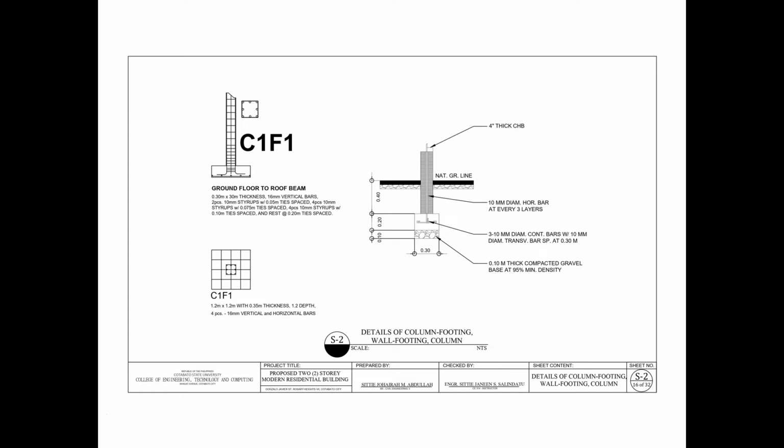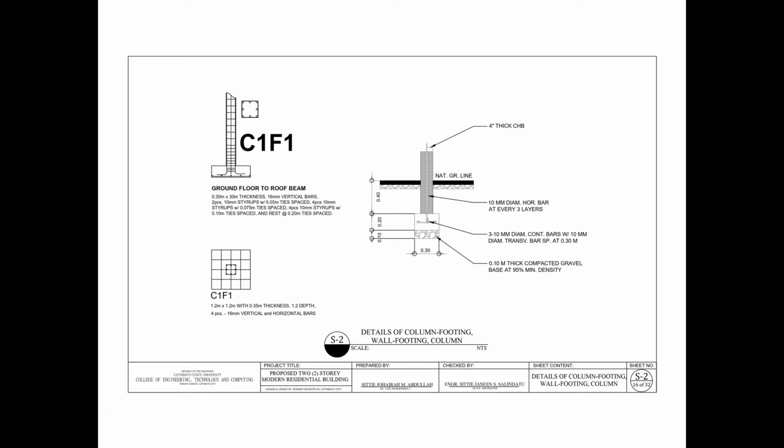For the column, from ground floor to roof beam, it has a dimension of 0.3 meter by 0.3 meter thickness and 2 pieces 16 millimeter vertical bars, and 10 millimeter stirrups with 0.05 meter tie space, and 4 pieces 10 millimeter stirrups with 0.075 meter tie space, and 4 pieces 10 millimeter stirrups with 0.10 tie space and the rest at 0.20 meter tie space.